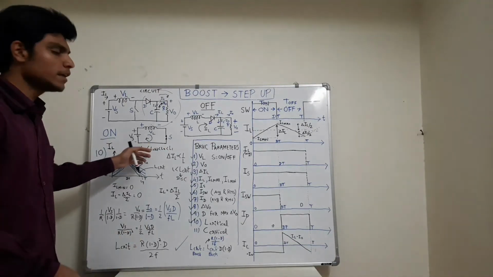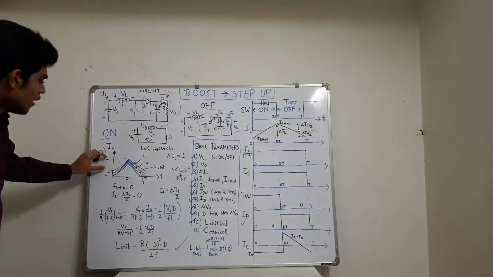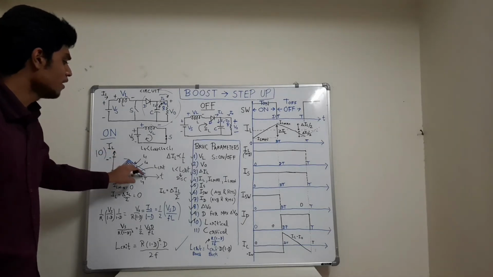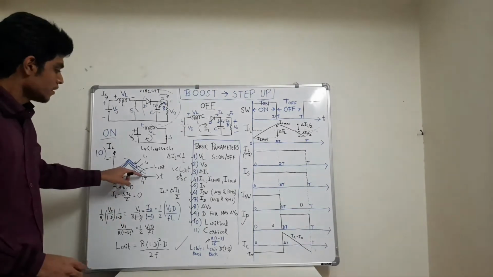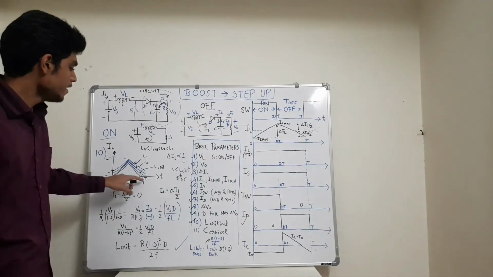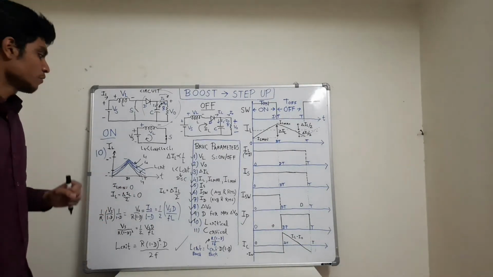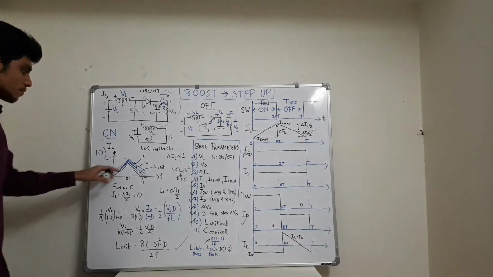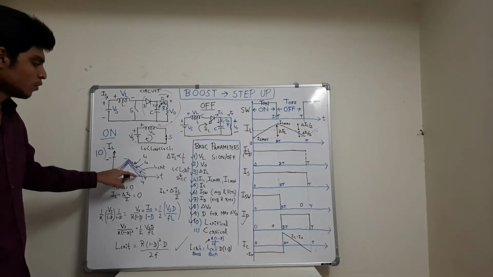For further decrease in inductance to some value L crit, the graph shifts below to such a value, the third graph L crit, such that the minimum value of current becomes 0 at the end of the time period. Such a value of critical inductance for which I_L min becomes 0 is called the critical inductance. For inductance less than the critical value, the graph is the fourth one, L4.